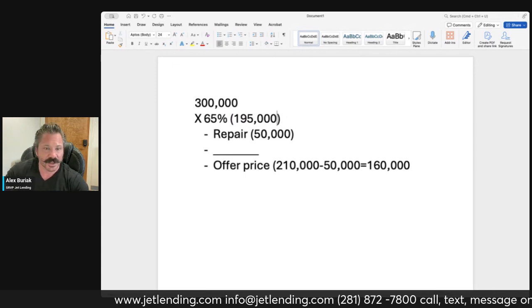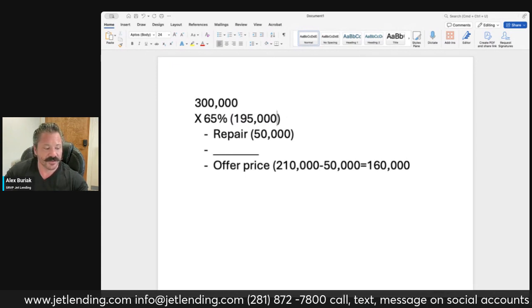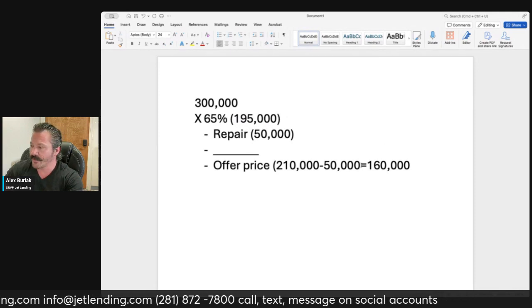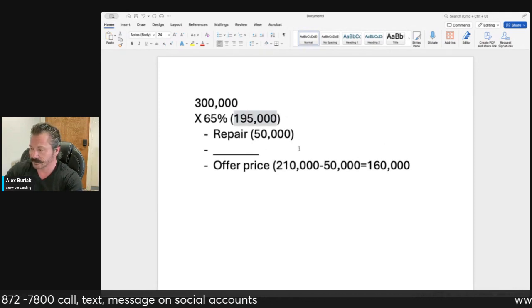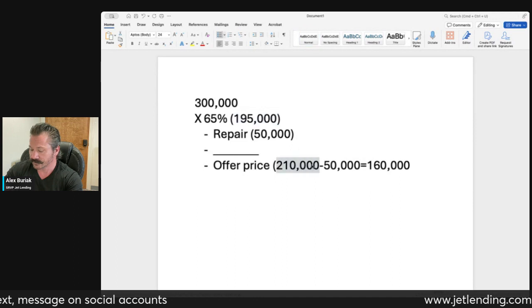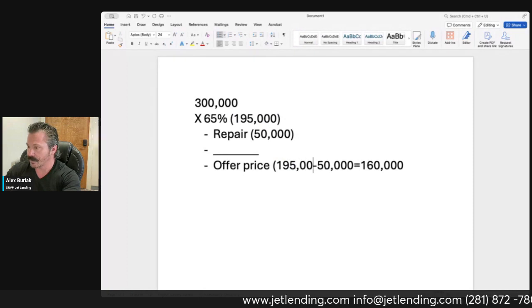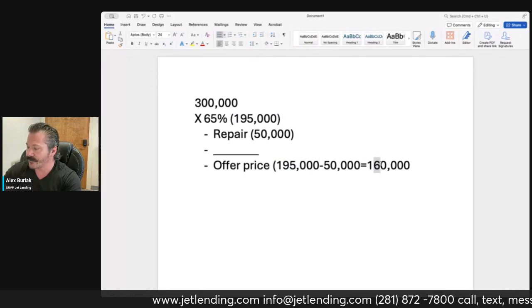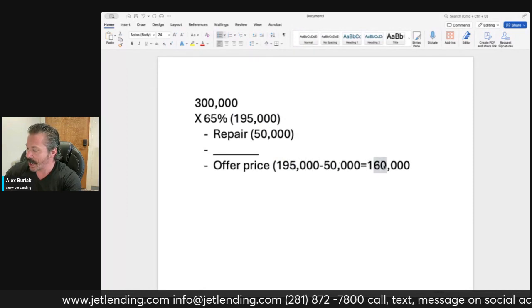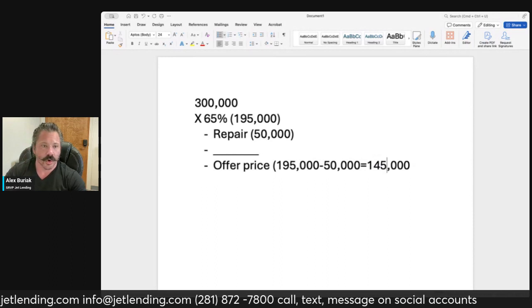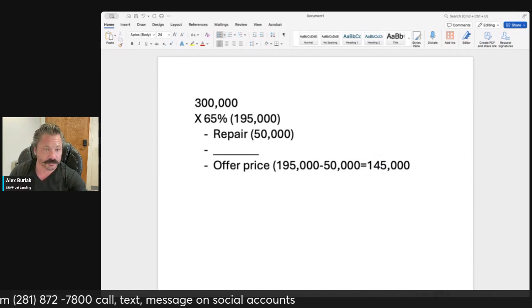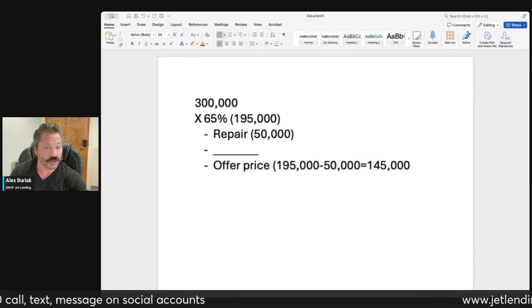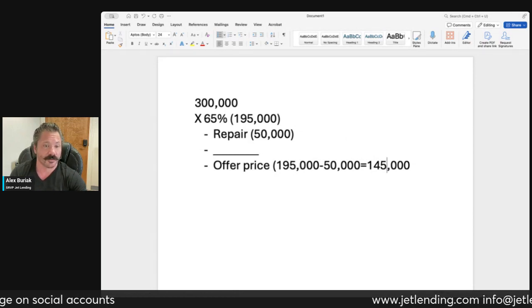When you minus 50, that puts you at 145. This puts you at a 145 top purchase price number. When you buy it at 65%, that usually yields you, to break the suspense, a 20% net profit margin.